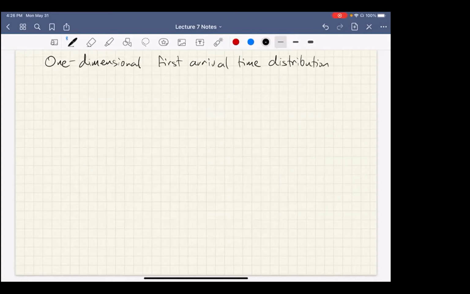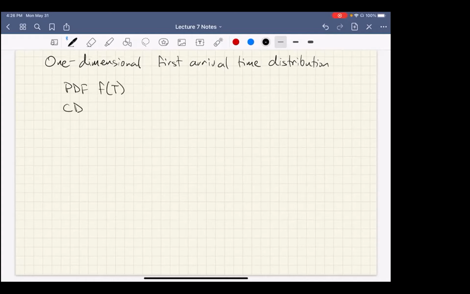So basically what we're going to do is set this up in terms of the cumulative distribution function. You know what the PDF is, the probability density function. So what we really want is the PDF, that's f of t.